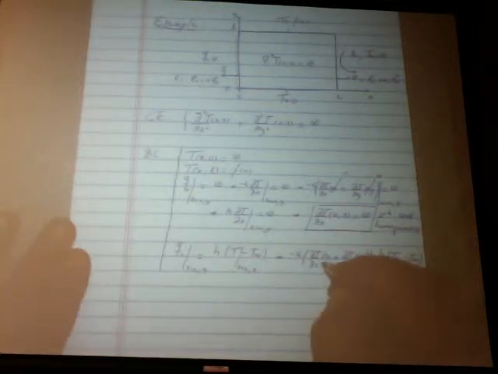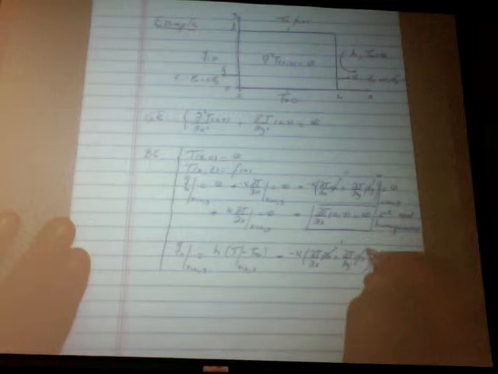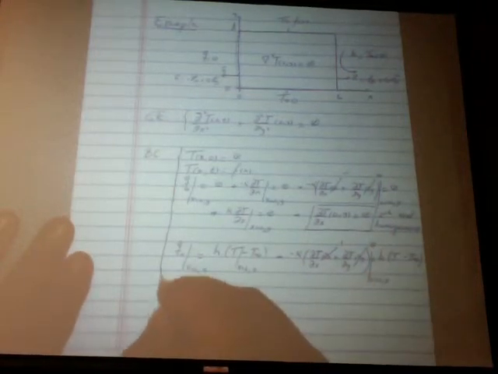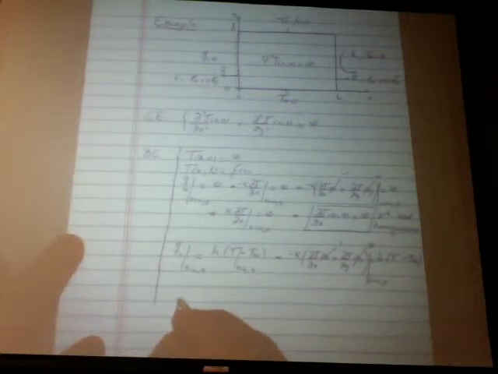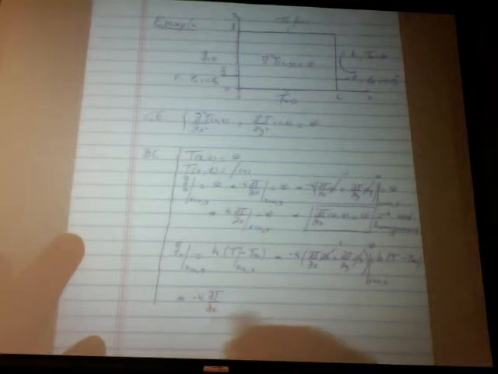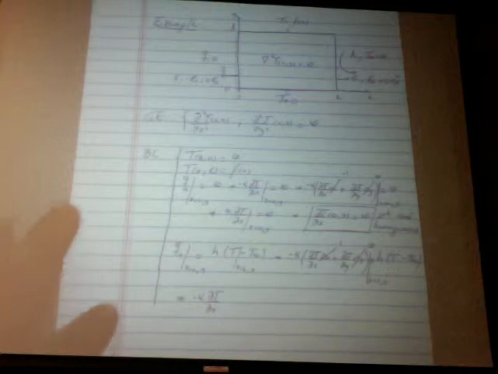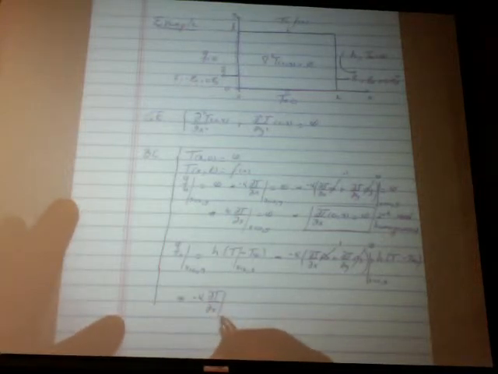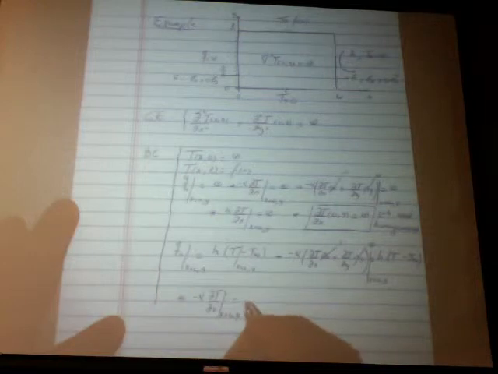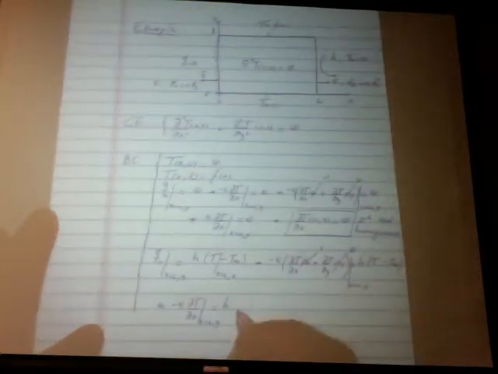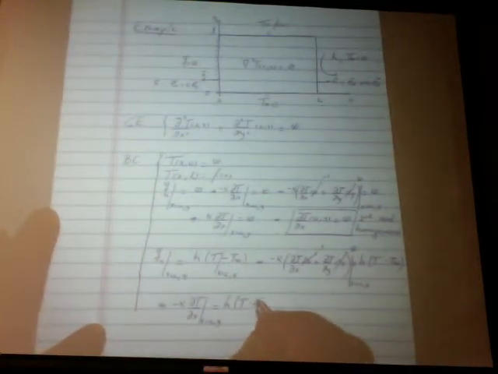The normal vector in x is equal to 1, normal vector in y is equal to 0. So what we're left with is, therefore, minus k dT dx at x equal L, comma y is equal to h times T minus T infinity.